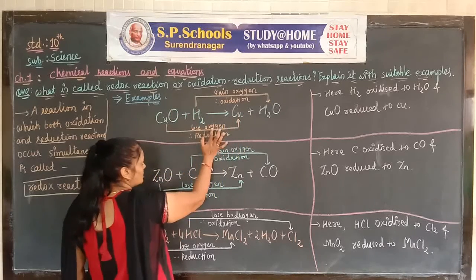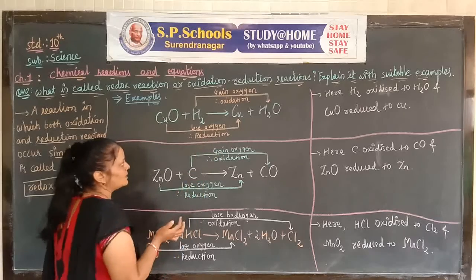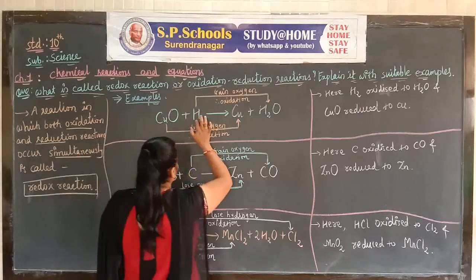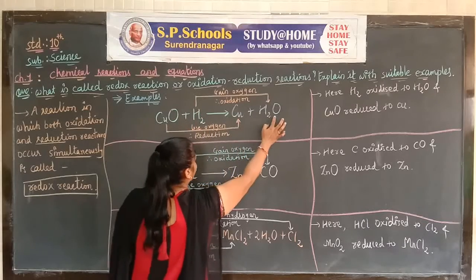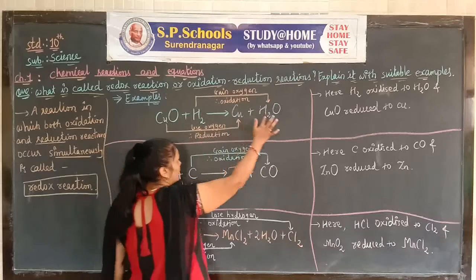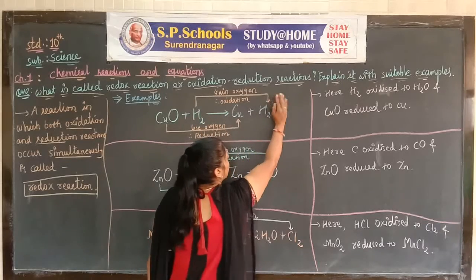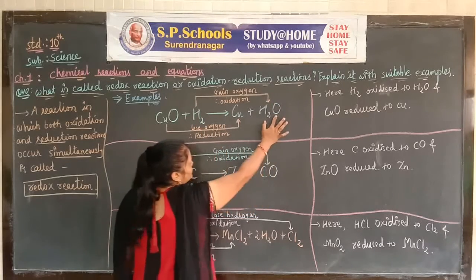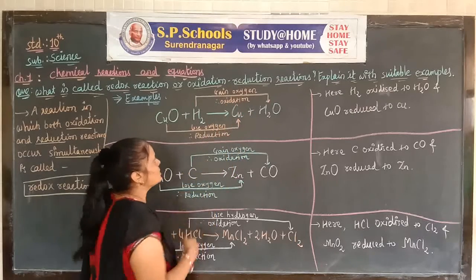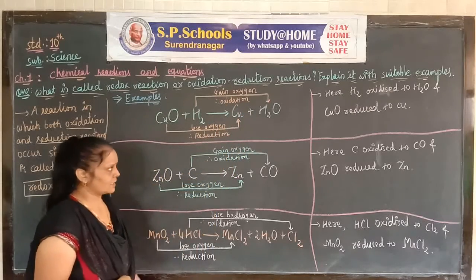So, losing oxygen is called reduction. Second, H2 gets oxygen here to form H2O. So, gaining oxygen is called oxidation.